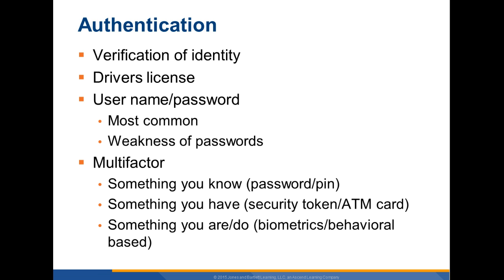A common multi-factor authentication method used today, often called two-factor authentication, has to do with the use of a user ID and password to log into a system, but then a random code is sent to a predetermined device, usually a smartphone, as a text message. You then enter that 5, 6, 7, 8-digit code into the system, and you're granted entry.